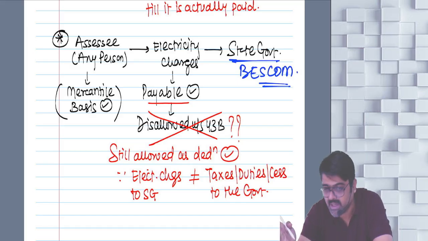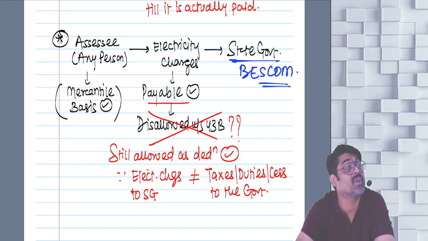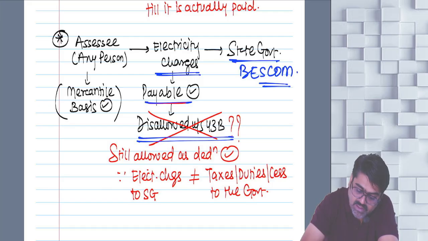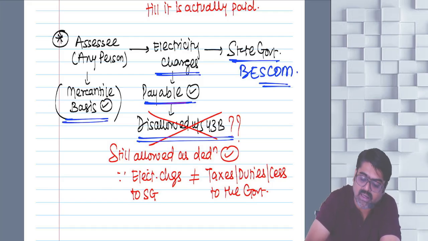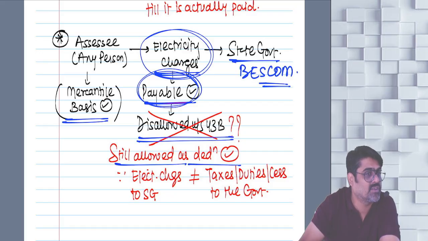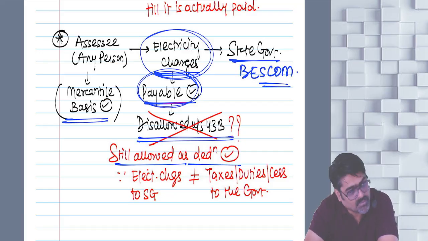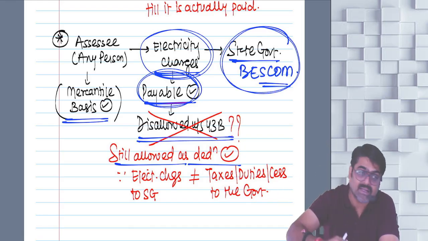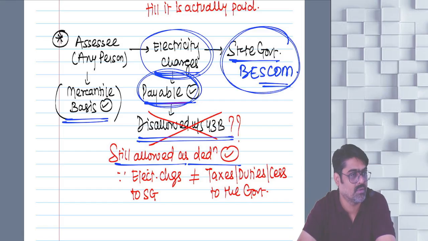And this is not an amount in the nature of taxes, duties, cess. This is simple electricity charges. So it will not be disallowed under section 43B. If the assessee is following the mercantile system of accounting, even if the electricity charges are payable, they are still allowable as a deduction, as your business expense. Just because it was payable to the state government and the payment is not made, that does not mean 43B will be attracted and it will be disallowed.